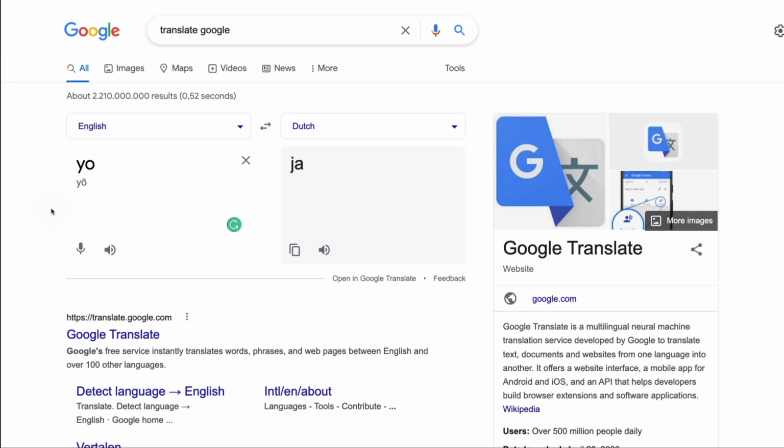This also doesn't get translated quite well. And the reason is that yo now gets translated into ja, and this means yes in Dutch. Now, we could ask ourselves the question what might be happening here, but one thing that is good to keep in the back of our minds is that I am now playing around with really short sentences.